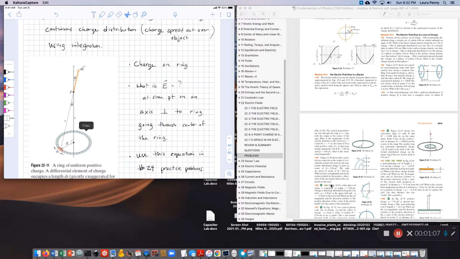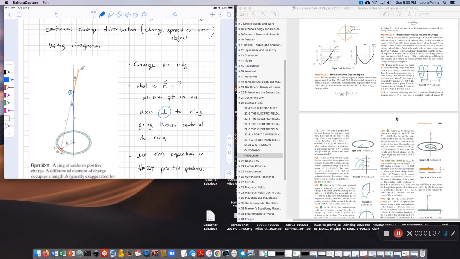We're trying to find the electric field at some point up away from the ring on an axis which is perpendicular to the ring. The axis goes right through the center of the ring, and we want to know what the electric field is at this point, P.